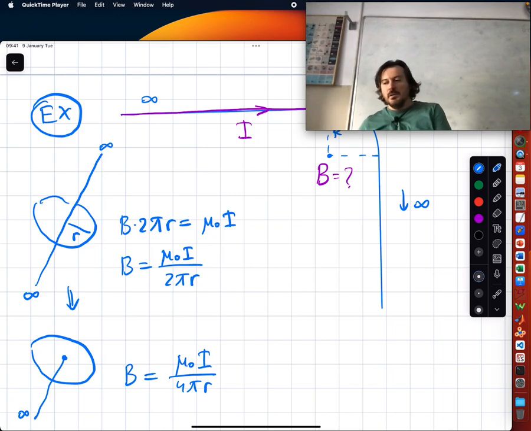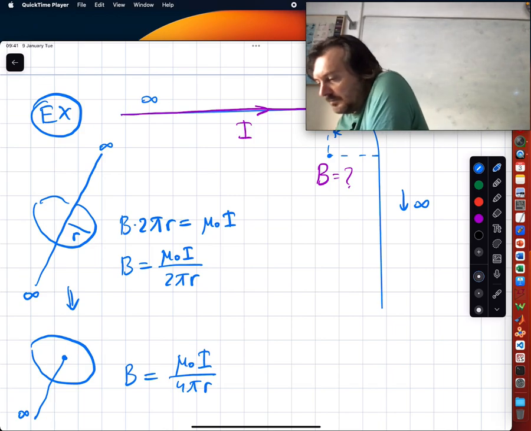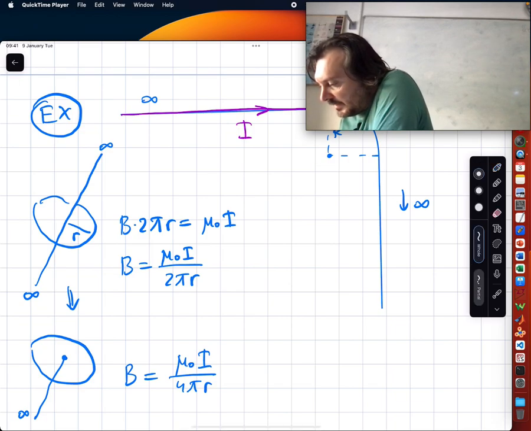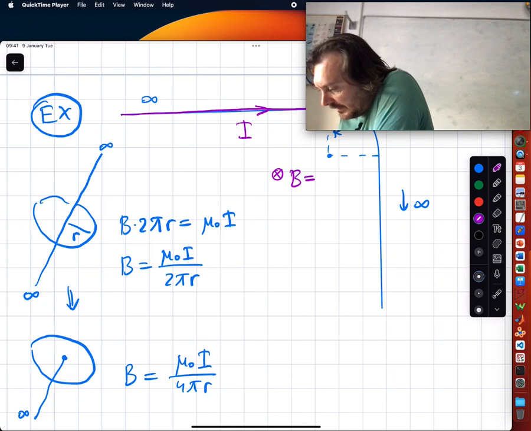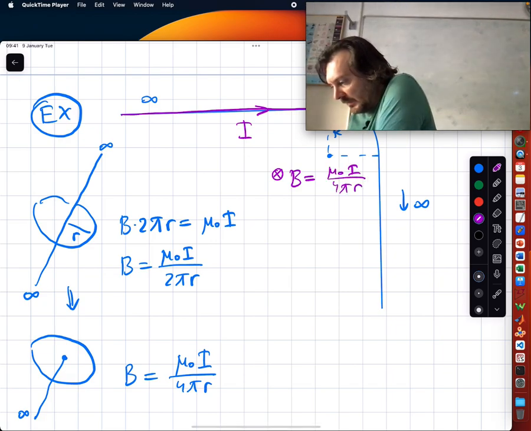Then, because of this purple wire, you have a B going in, and the amount of B because of the purple part is mu 0 I over 4 pi R, big R in this case.